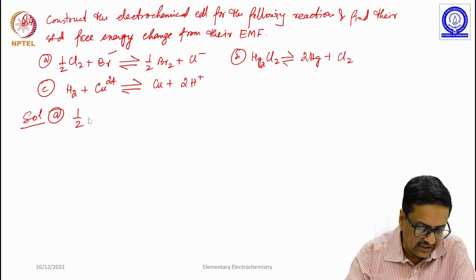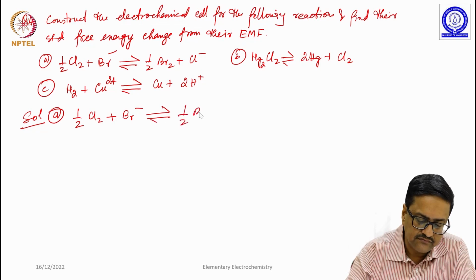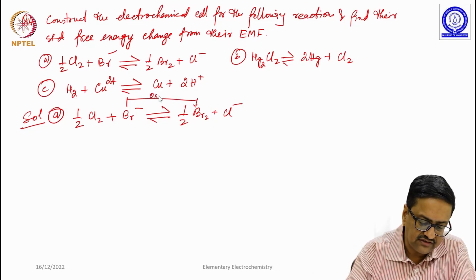So, it is nothing but half Cl2 plus Br minus giving you half Br2 plus Cl minus. Here what we see, bromine is getting oxidized.